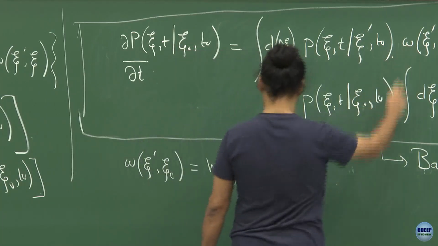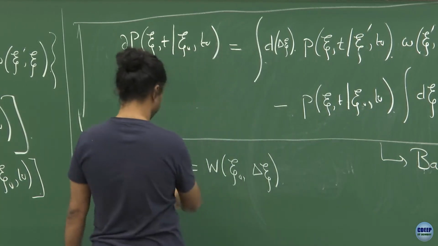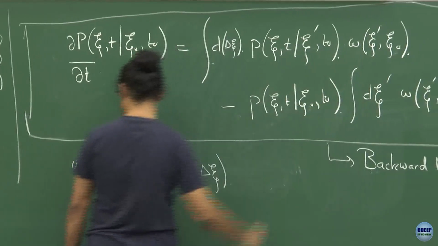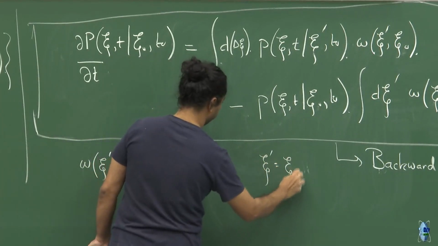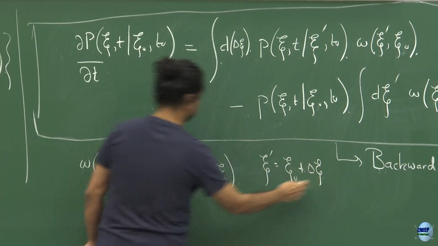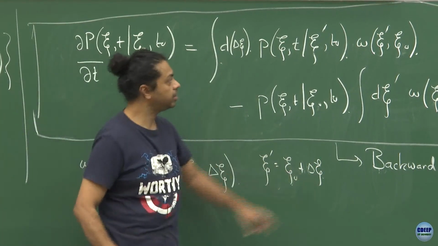Essentially in this format, my psi prime is psi naught plus delta xi, the initial state plus the size of the jump.